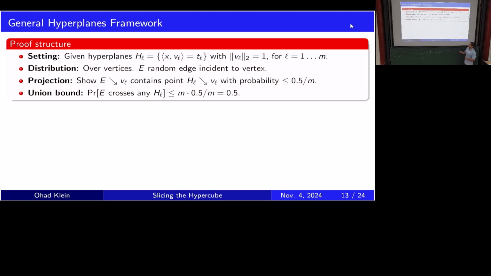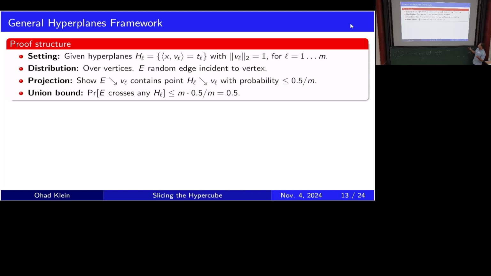And now, what we want to show is that the interval that corresponds to the projection of the edge on any normal vector contains the point that is obtained from the hyperplane projected on its normal vector.